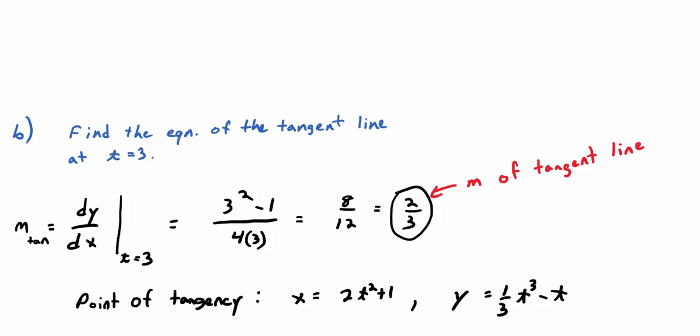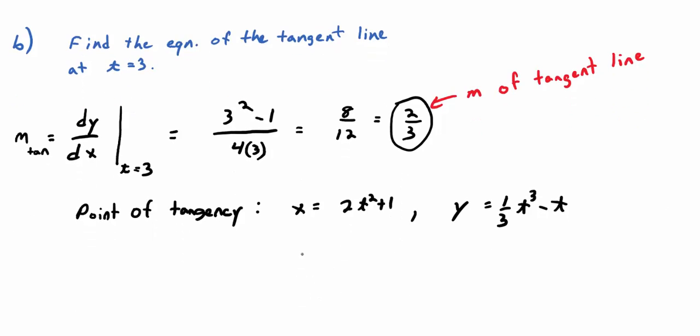And we're going to plug in 3 into both equations to get the point where the tangent line just kisses the curve, right? So the y coordinate will be 1/3 times 3 cubed minus 3.